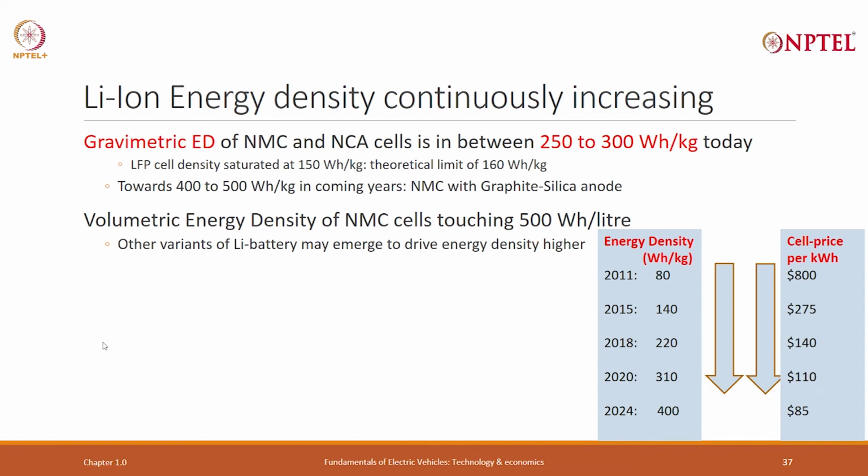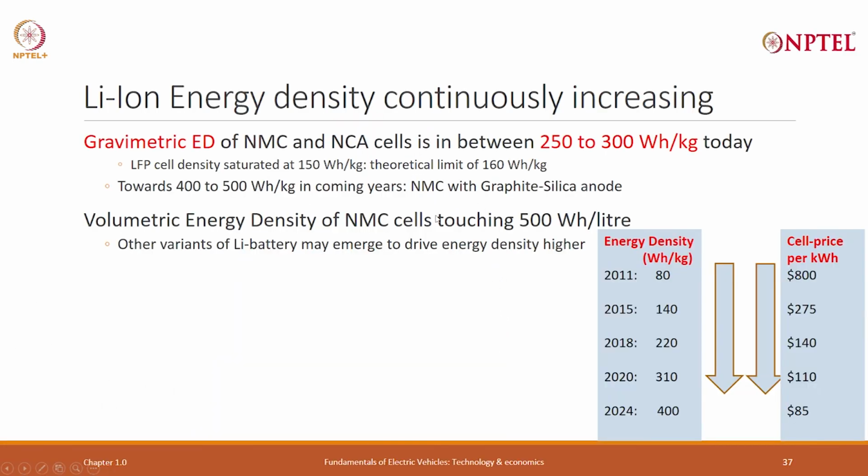Now two things that are being done, first is NMC with graphite anode. Anode has more and more silicon instead of graphite. So you mix graphite and silicon, your energy density goes up.